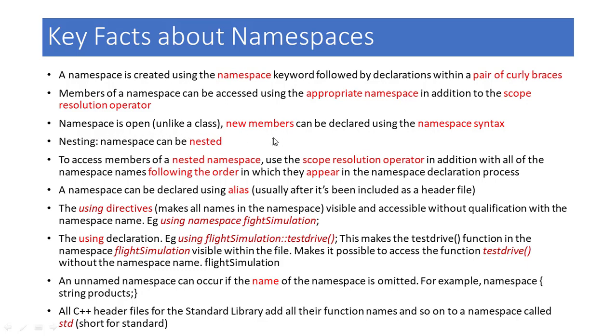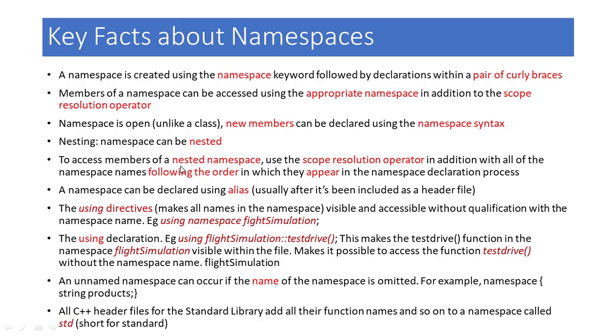Unlike a class, new members can be declared using the namespace syntax. Nesting. Namespaces can be nested. That is, we can have a namespace within another namespace, or many namespaces within a namespace. It's like the parent-children approach in object-oriented programming in terms of inheritance.